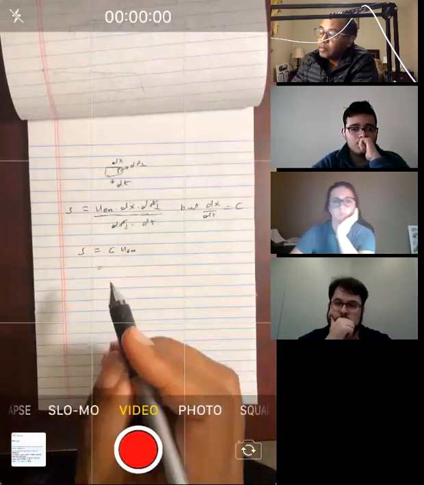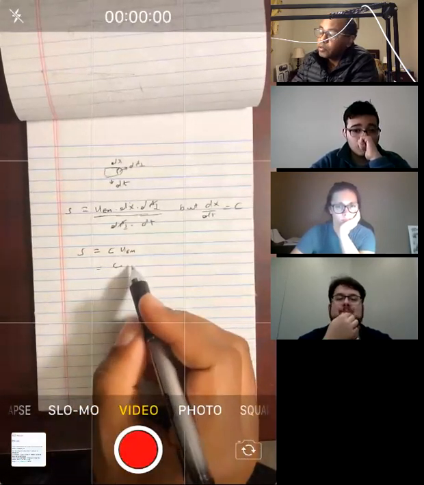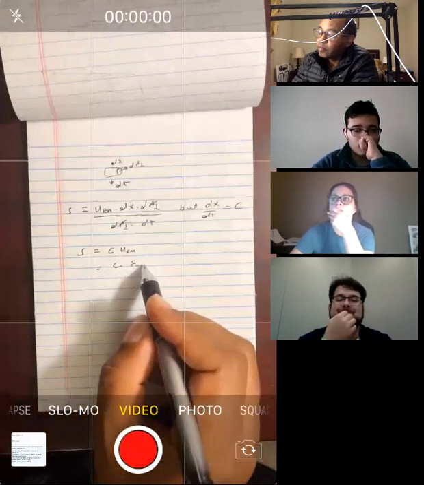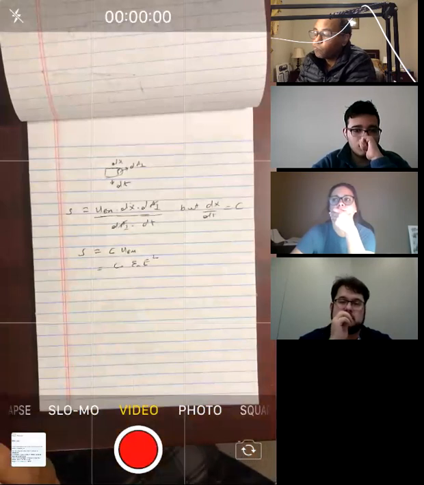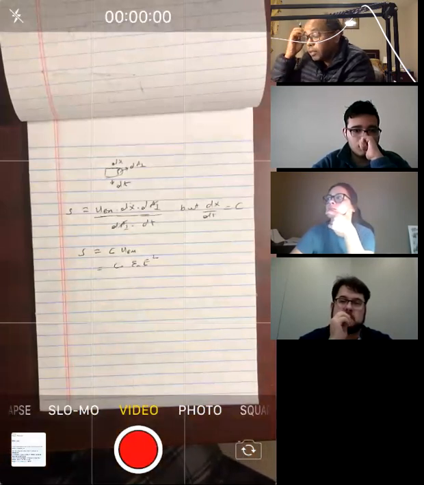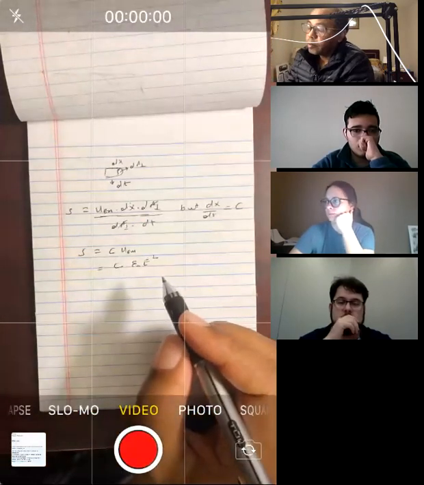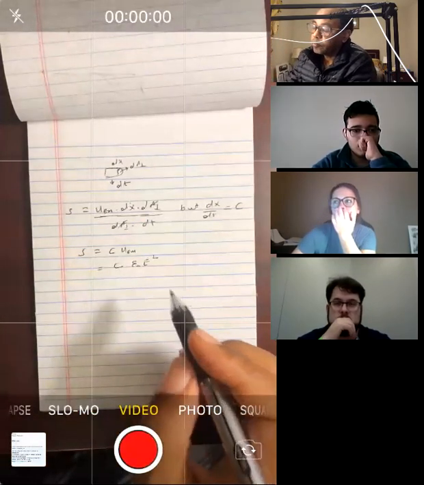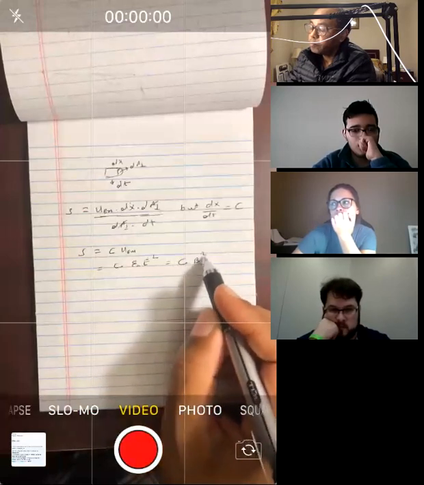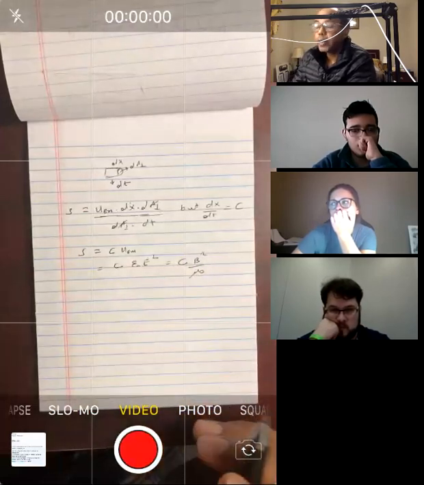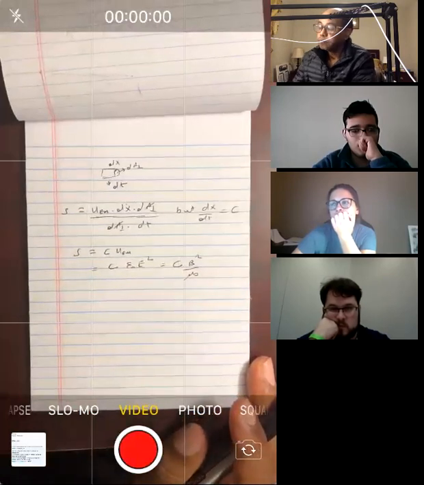If you use the formula in terms of electric field, it will be like this. Let me write it in terms of magnetic field. It will be c times B squared divided by mu naught. That's the magnitude.